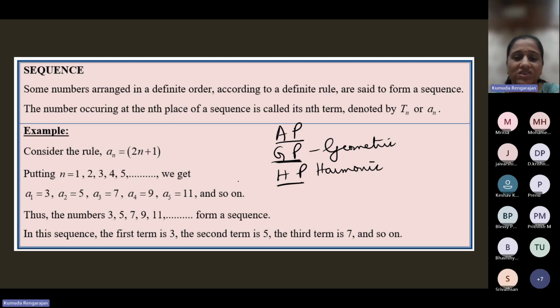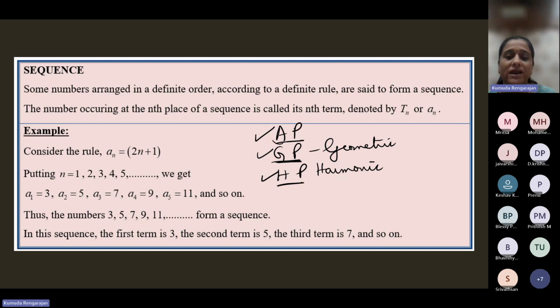For a sequence to be called an arithmetic progression, it should satisfy a specific criteria. For a sequence to be called a geometric progression, it should satisfy a different criteria. Similarly, for a harmonic progression, the numbers in the sequence must satisfy a particular criteria.